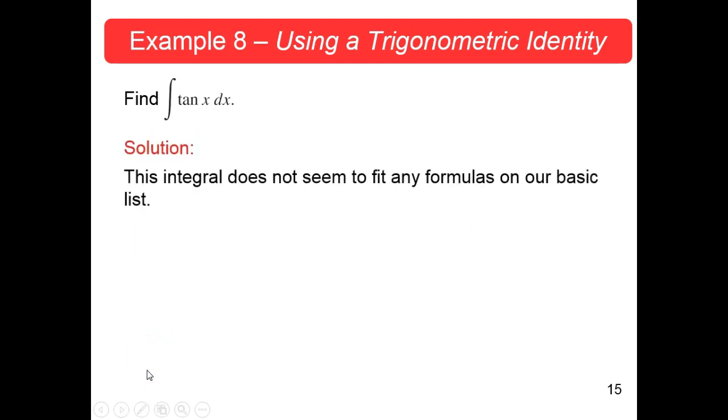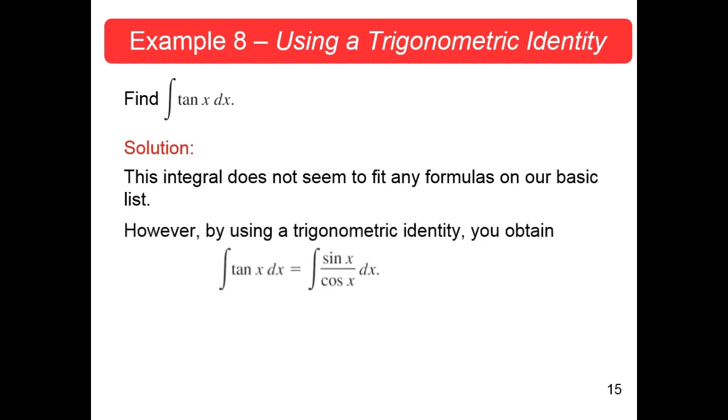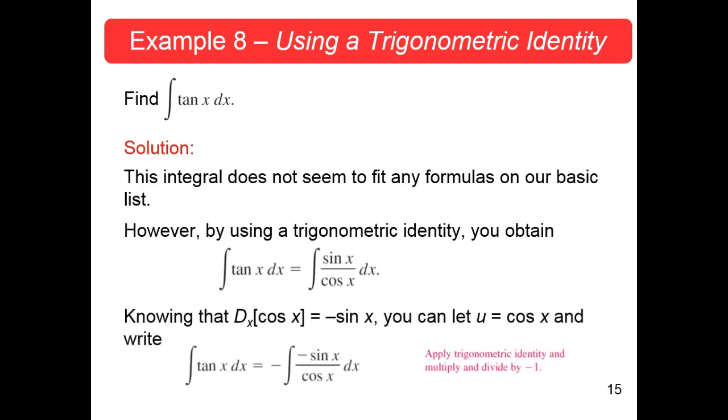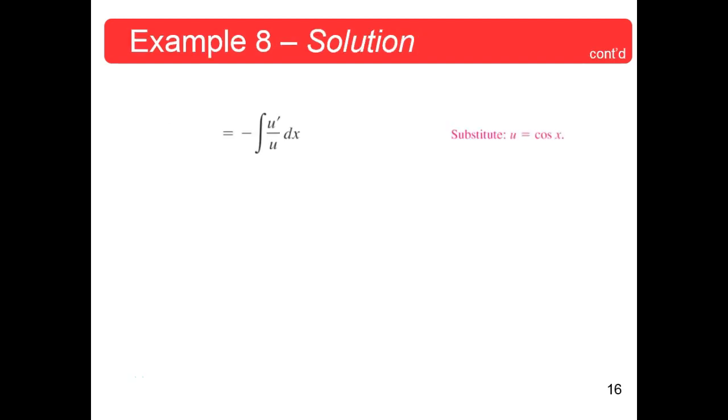Okay. This integral does not seem to fit any of the formulas in your basic list. However, by using a trig identity, you can obtain the integral of sine x over cosine x dx. And knowing that the derivative of cosine x is minus sine x, you can let u equal cosine x and rewrite this as the negative integral of minus sine x dx over cosine x, which would be exactly u prime over u.